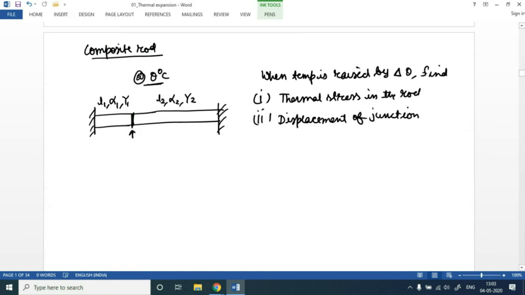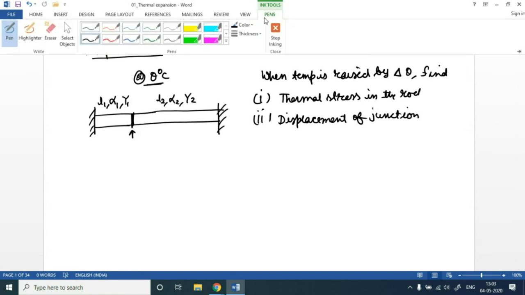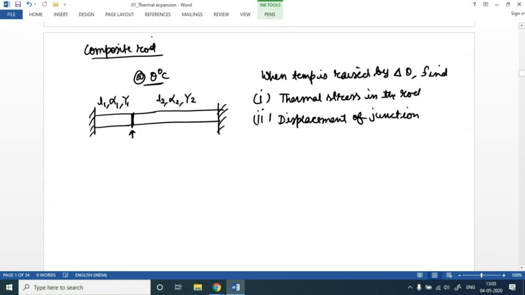So what are we going to do? When the temperature is raised by delta theta, both of the rods will try to expand here, due to thermal strain. But see, there is some support from both sides, so that will not allow both the rods to expand freely.